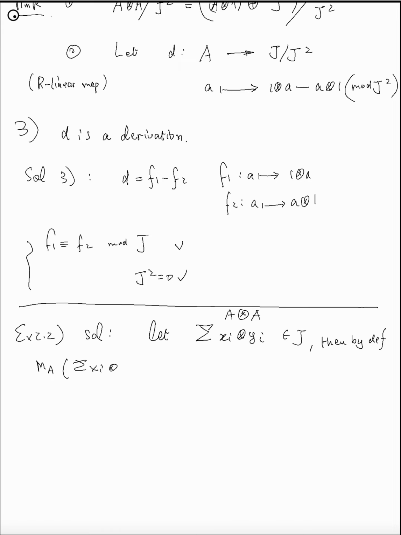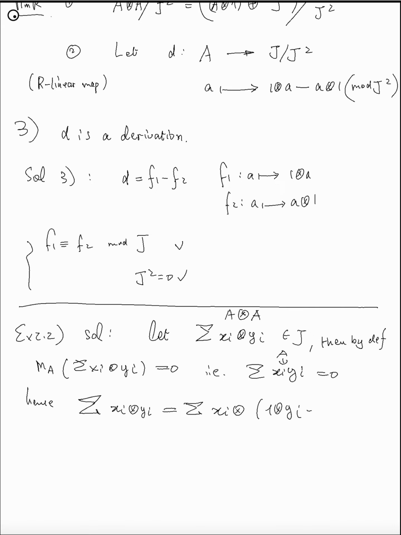The kernel of this M_A. And it should give you the summation of xi yi equal to 0 in A. Hence, we can rewrite our expression sum of xi tensor yi into sum of xi times (1 tensor yi minus yi tensor 1). Why can we do this?